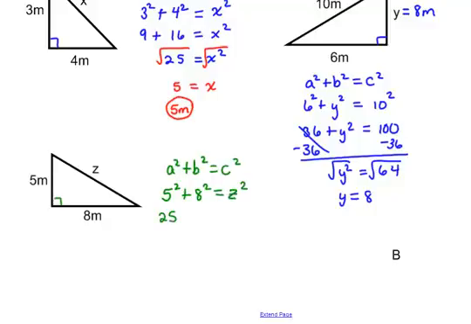We have 25 plus 64 equals z squared. 25 plus 64 is going to be 89 is equal to z squared. Okay, find the square root. You can use a calculator, which I already have used, and the square root of 89 is approximately equal to 9.4 is equal to z.